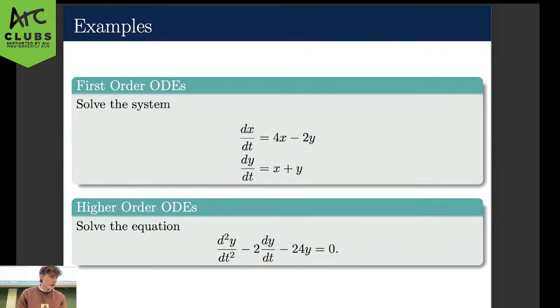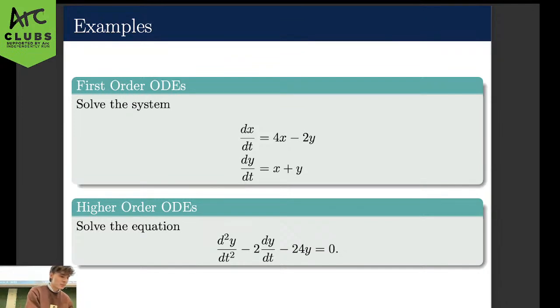So we have a system of two differential equations in two functions, x and y, right? To actually solve this, what we want to do is write this as a vector differential equation, and then we can apply our proposition from the previous slide.